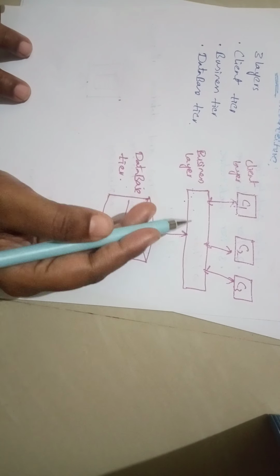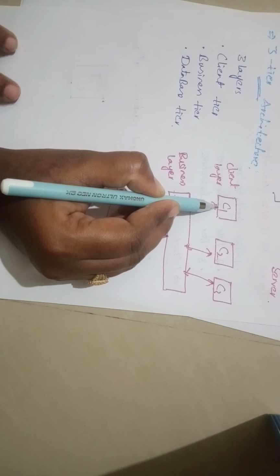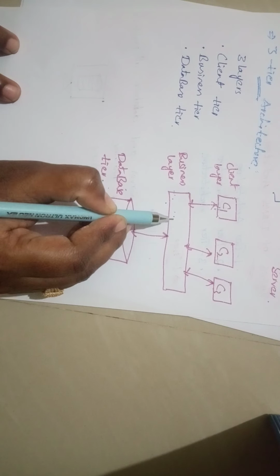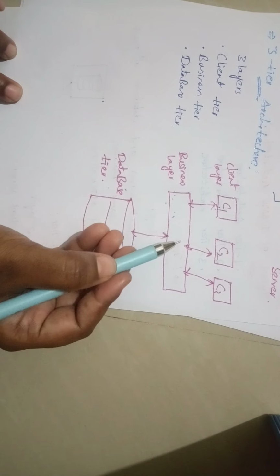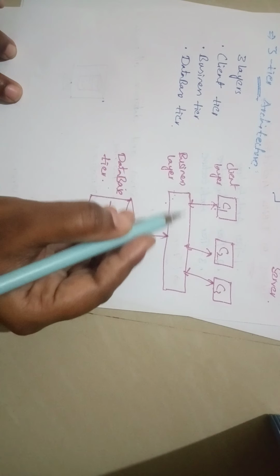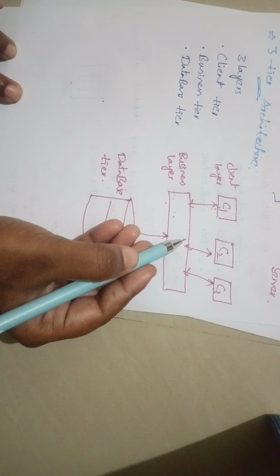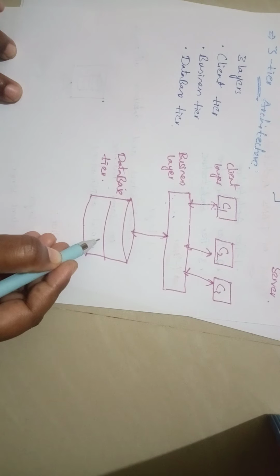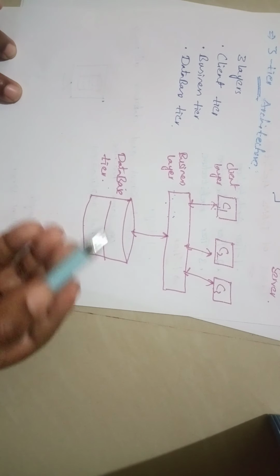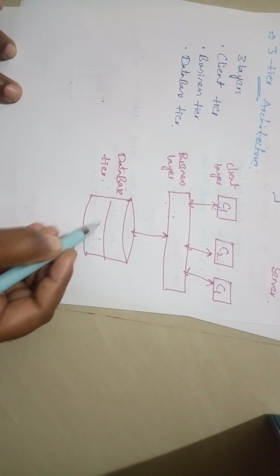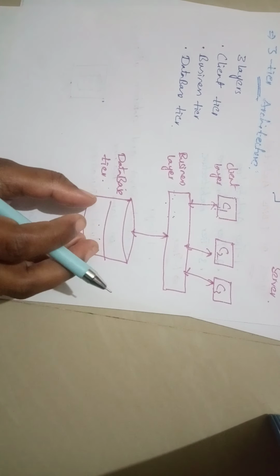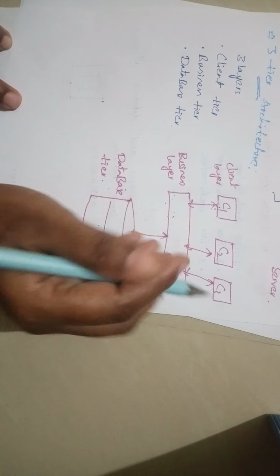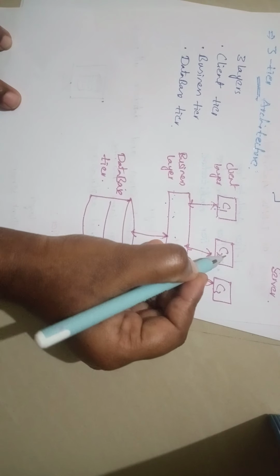Coming to the three-tier queries: the query from the client layer is sent to the business layer, and the business layer processes that query and sends what data is to be fetched to the database tier. The database tier receives that information, fetches the data and sends it to the business layer, and the business layer sends that data to the client layer.